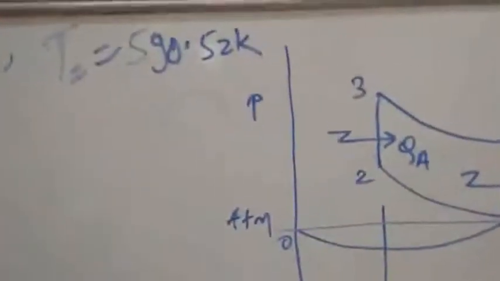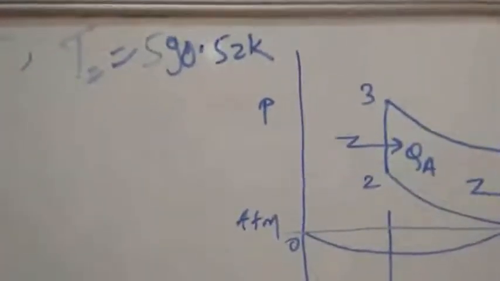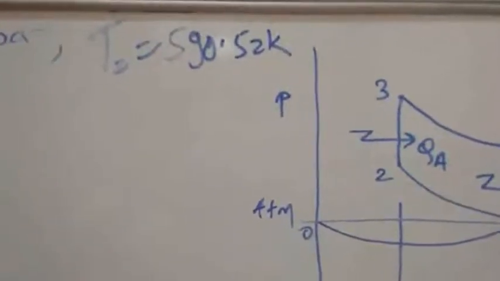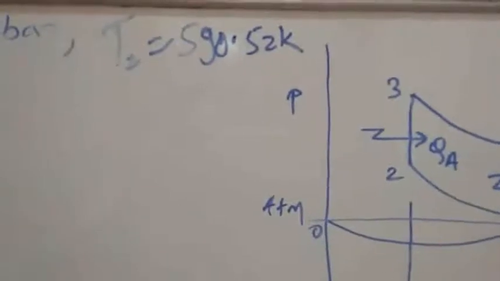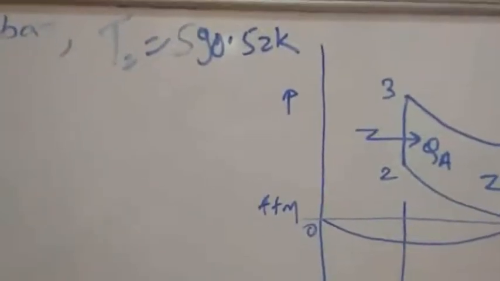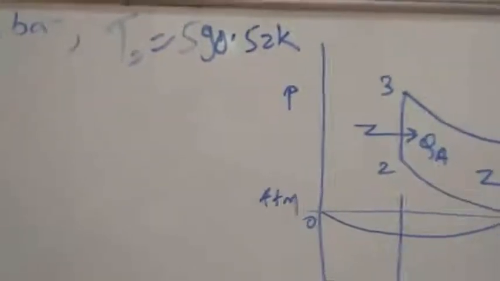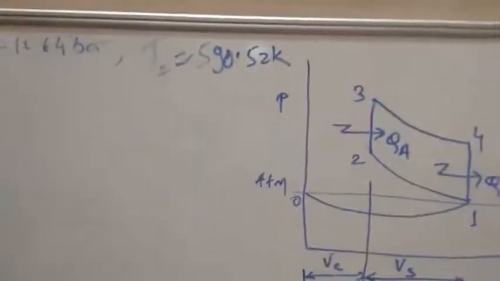Now between 2 and 3, if I apply the equation of heat addition, I can get the temperature at point 3. But for that I need to calculate the heat added, and I'll equate that to the equation of heat addition. What is the heat Q?